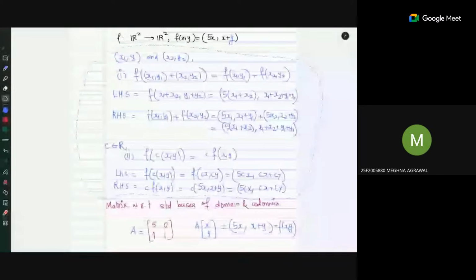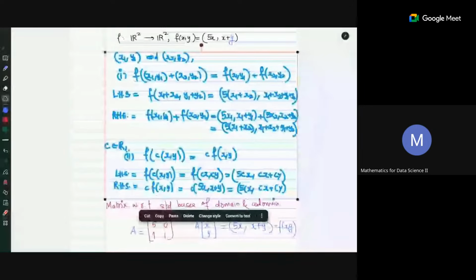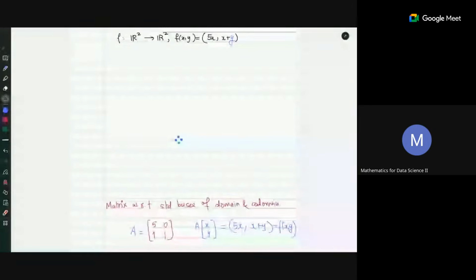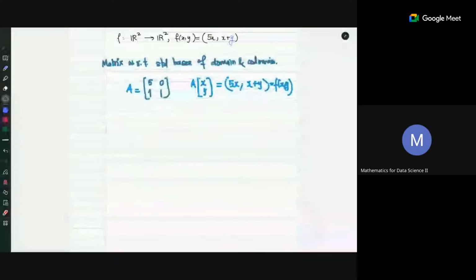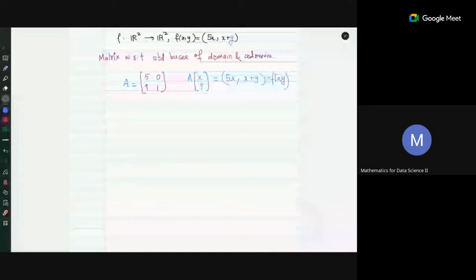The domain is R2. What is the codomain? Again R2.